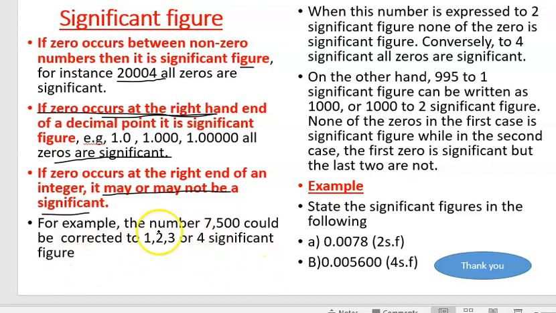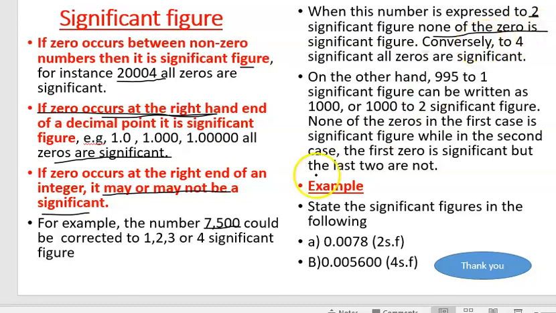If you express this number to two significant figures, then 7 is the first one, 5 is the second one, which means none of the zeros is significant, right?